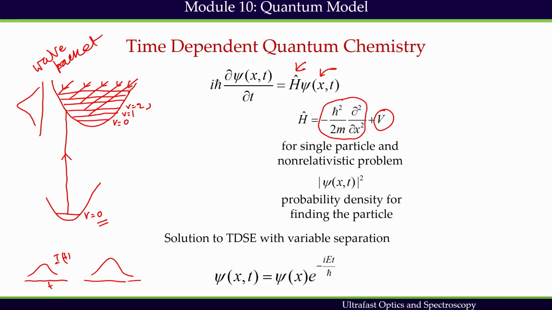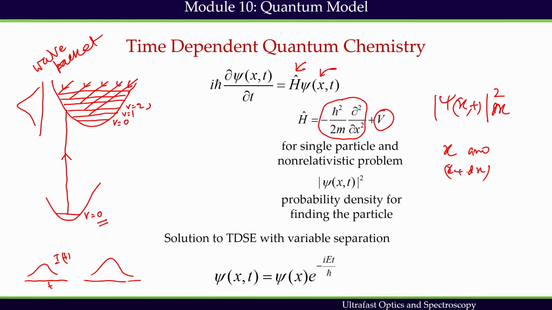Now, what does it mean by this psi(x,t)? This is the wave function, but if we take the modulus square of psi(x,t) times dx, then this represents the probability of finding the particle between x and x plus dx.